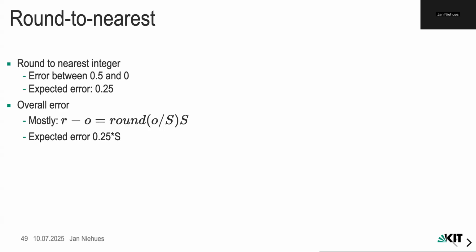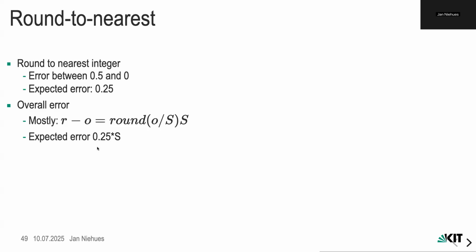That's just normal rounding. If we do that, then the error is between 0 and 0.5. With a uniform distribution between them, we have an expected error of 0.25.